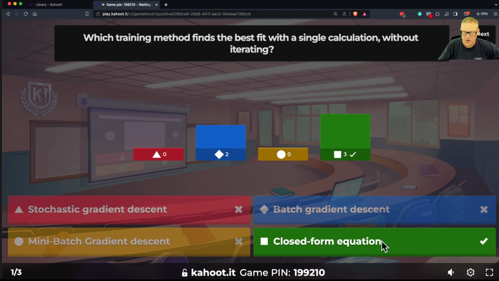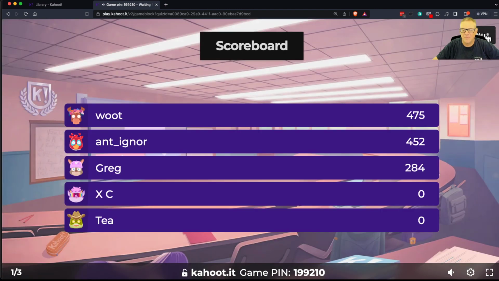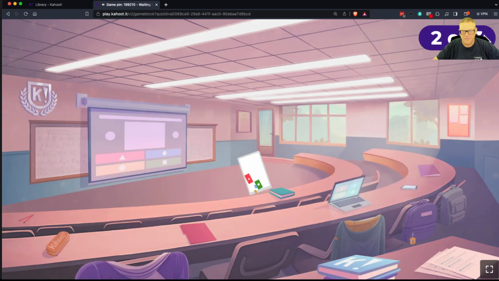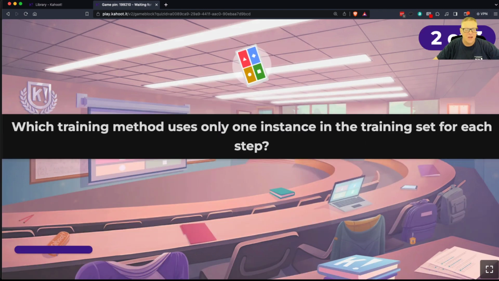That's been around forever. That's just what I used to do 50 years ago. All right, so what training method uses only one instance in the training set for each step?